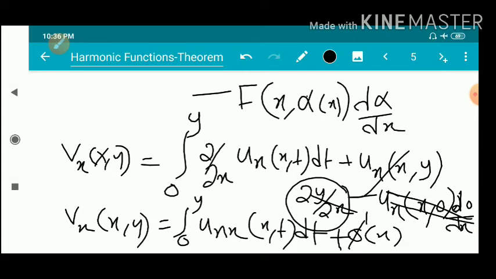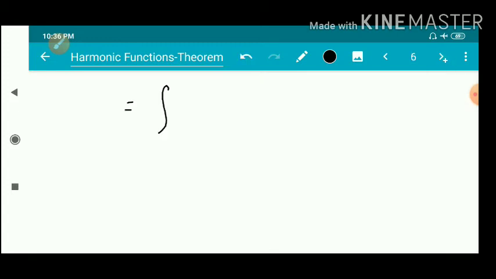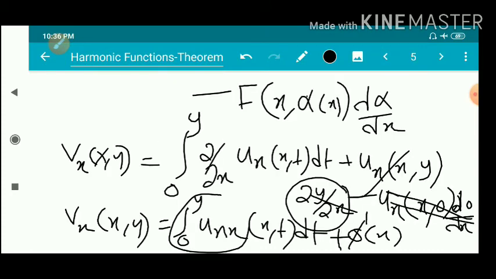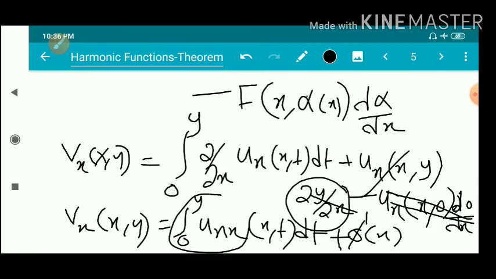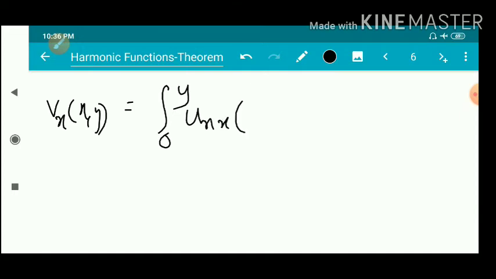From this we get phi dash of x. First we integrate this term with respect to t, or with respect to y; we are just replacing y with t, so dt means it is also dy. Let us write the equation: vx of xy equal to integral 0 to y uxx of xt dt plus phi dash of x.